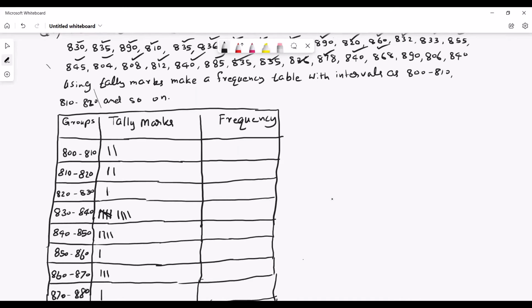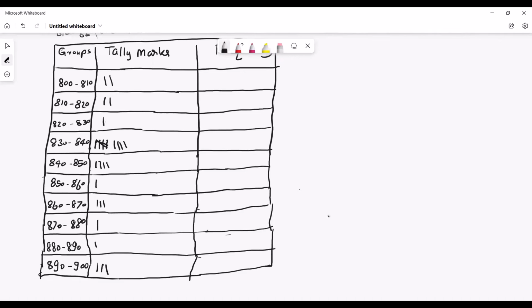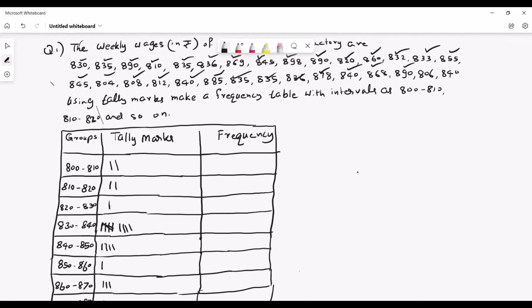Then we are having 890. 890 will come in the last row. Then we are having 806. So that will come here. Then we are having 840. That will be here as the fifth one. So it is over. Now you count the number in each row.